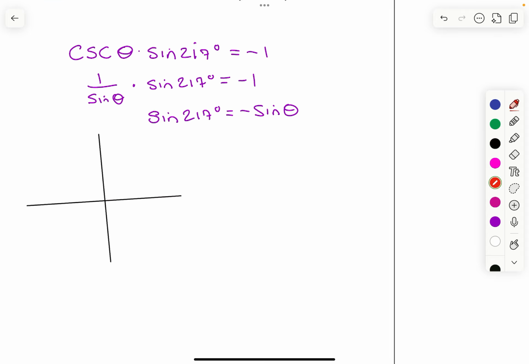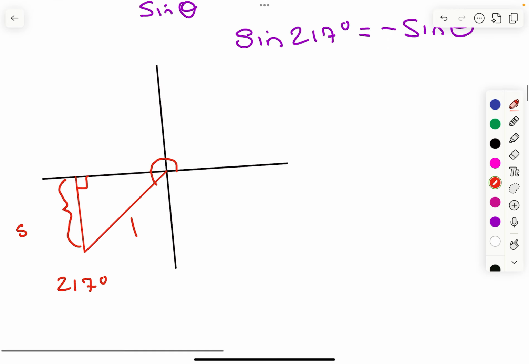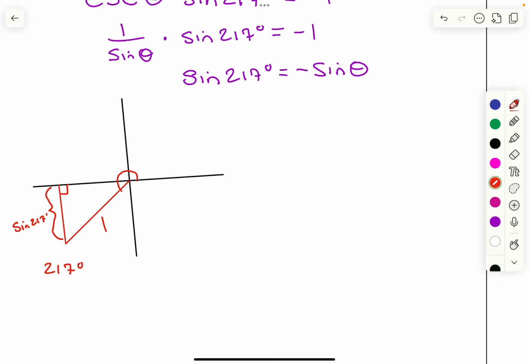So 217 degrees, that's 180 plus an extra 37 degrees. Let's just say we're on the unit circle, that would mean that this here is the sine of 217 degrees, that y coordinate.